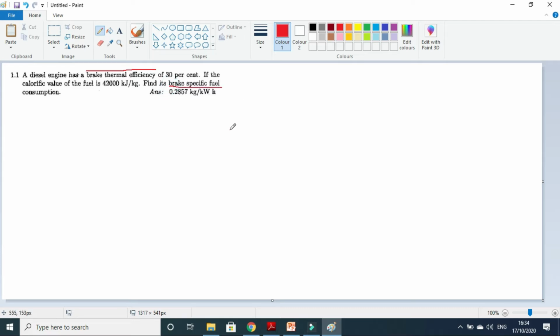If I know the formula for the brake thermal efficiency and specific fuel consumption, then I can solve this numerical. So what was the formula for the brake thermal efficiency?